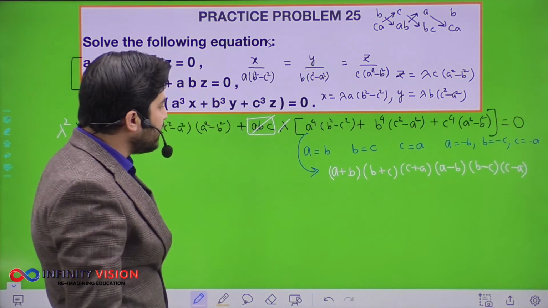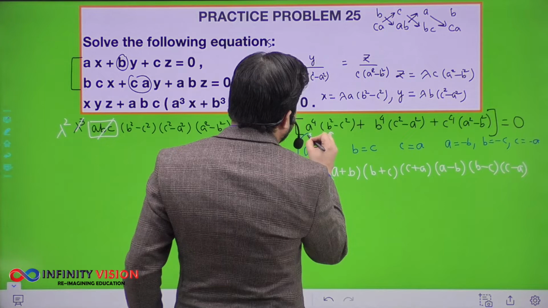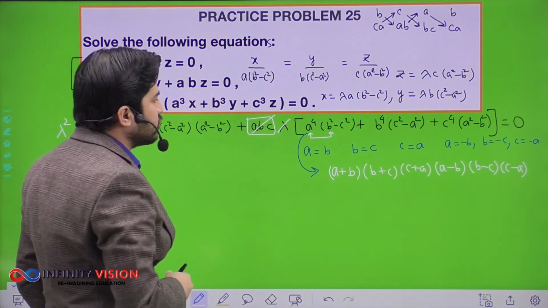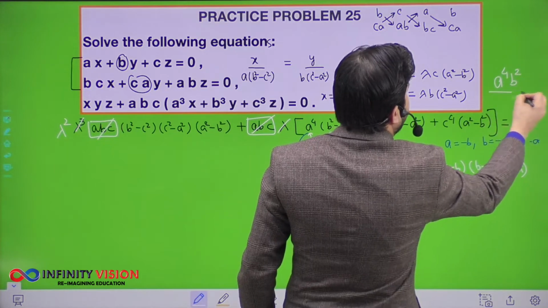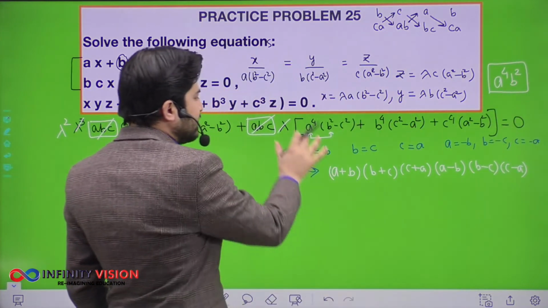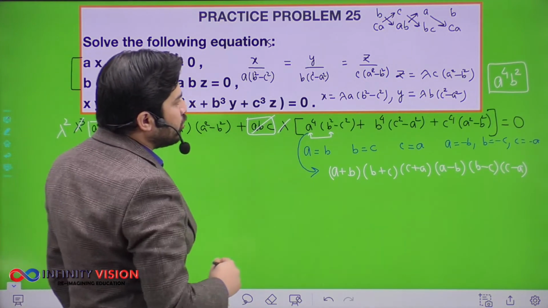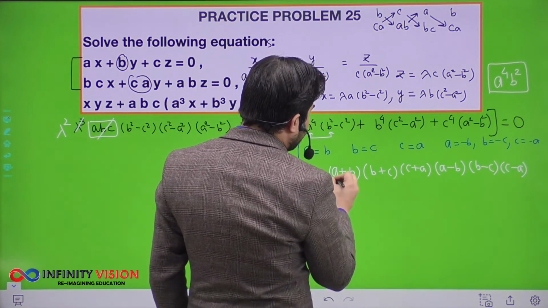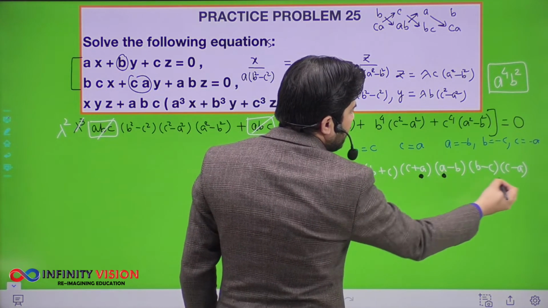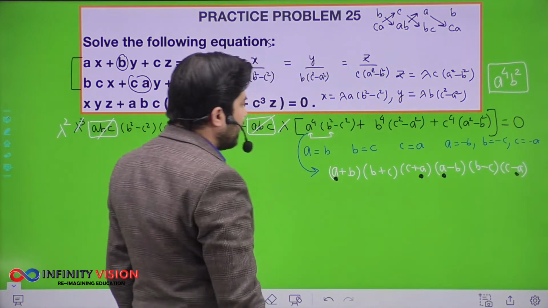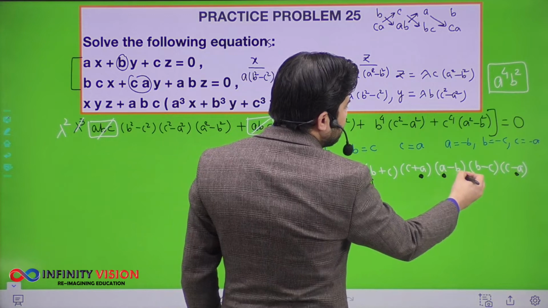So for that, what we need to see, that we know the term, let's take this term a to the power 4 b square. If I notice a to the power 4 b square, this is a positive expression in this, right? Now if I have to build the same a to the power 4 b square here, I need this a, I need this a, I need this a, and I need this a, and then I need this b, and then I need this b.